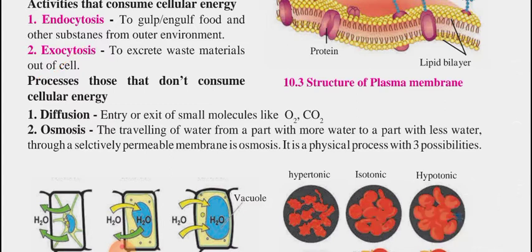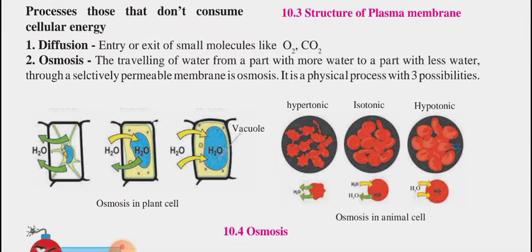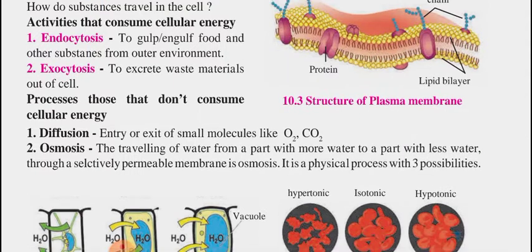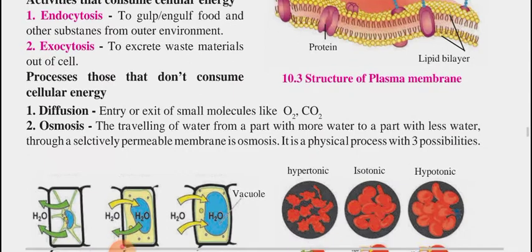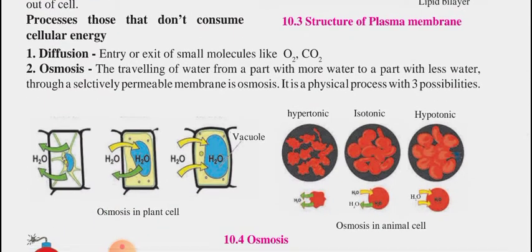Okay, next, processes that don't consume cellular energy. First we have seen those which consume cellular energy. Obviously something is being taken inside and thrown outside, so some part of energy is used. Okay, now what are the processes that don't consume cellular energy?